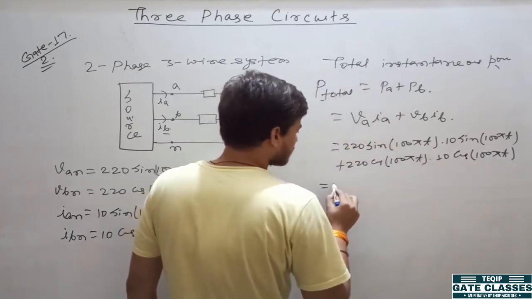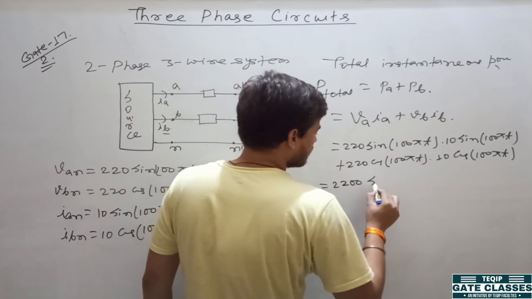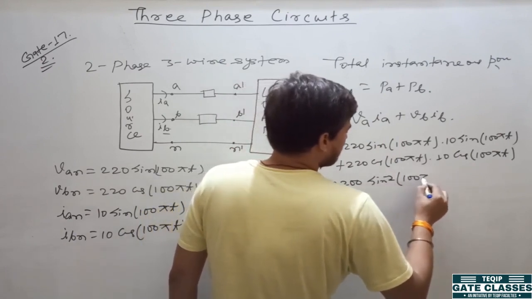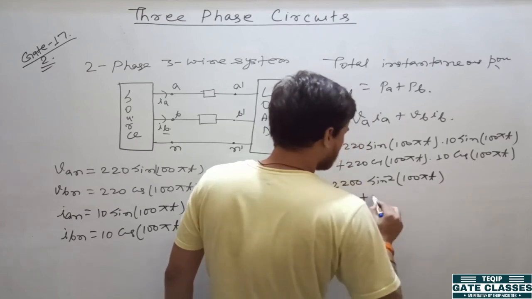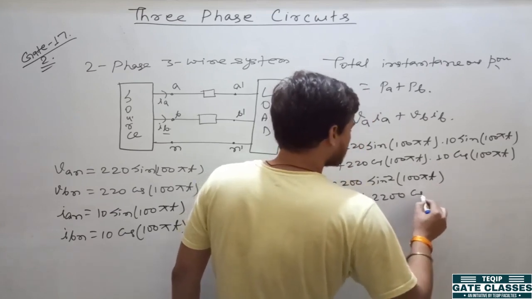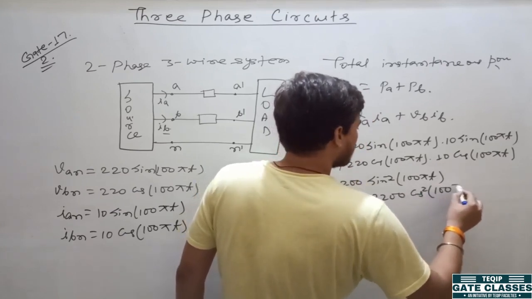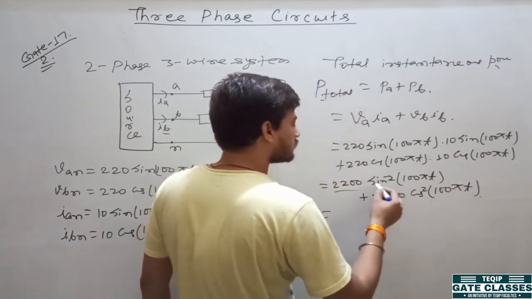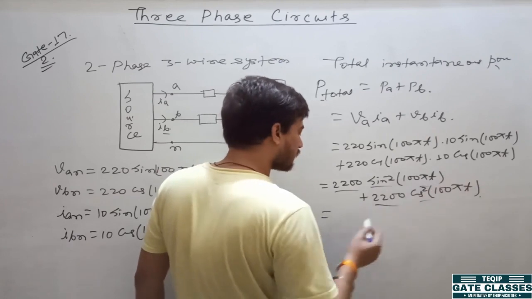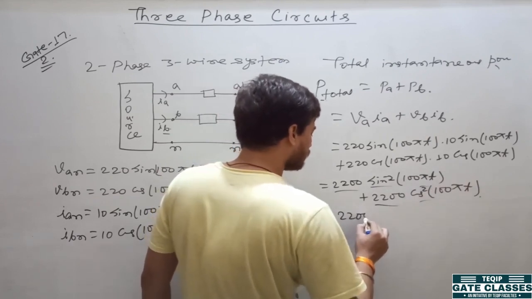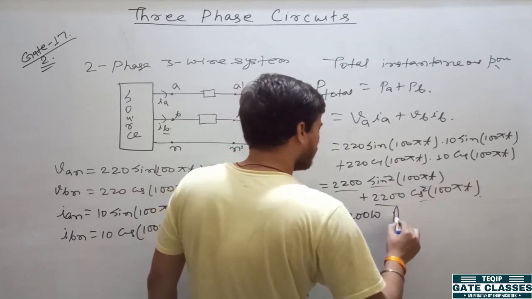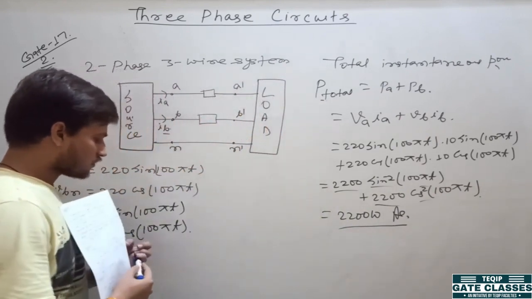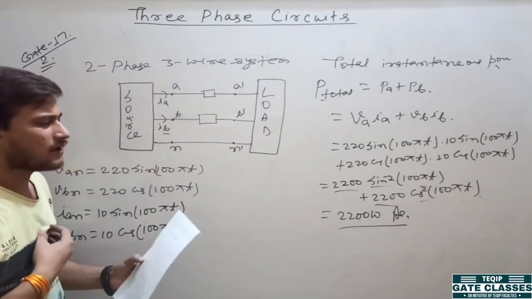You get the expression 2200 sine square 100 pi t plus 2200 cos square 100 pi t. If you take 2200 as common, sine square theta plus cos square theta is 1. That means 2200 watt will be the answer of this question.